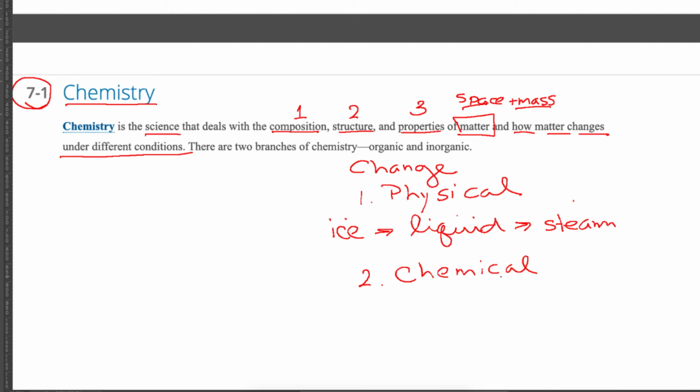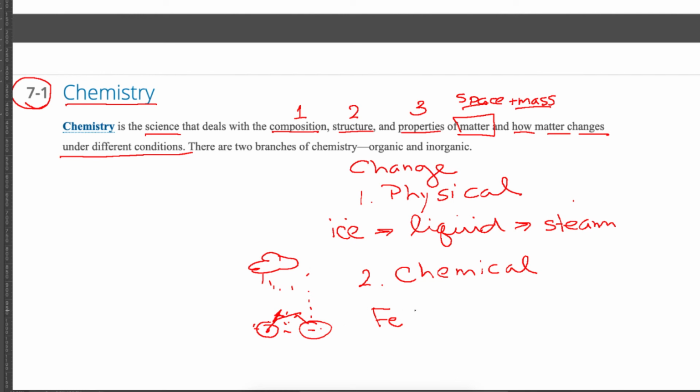The chemical change is more permanent. So for example, if we have iron, which is Fe, in other words, we have a bike that is made out of metal, and it's out in the rain, and so there's clouds, and then rain comes down, and now what's happened to the bike that's sitting outside? It becomes rusty.